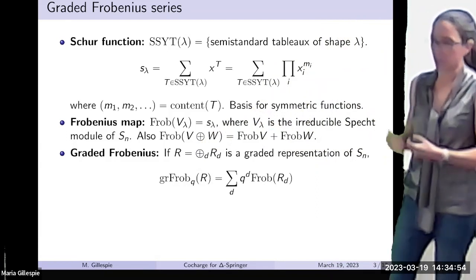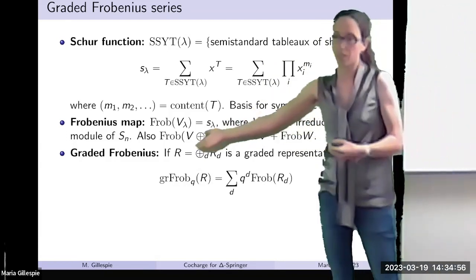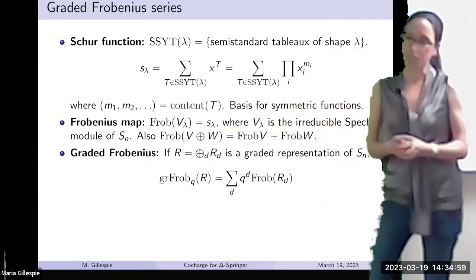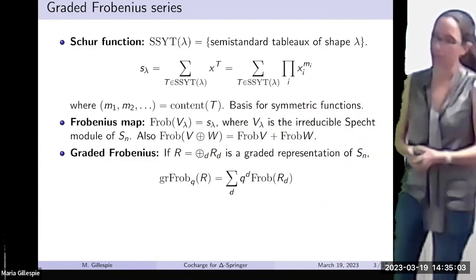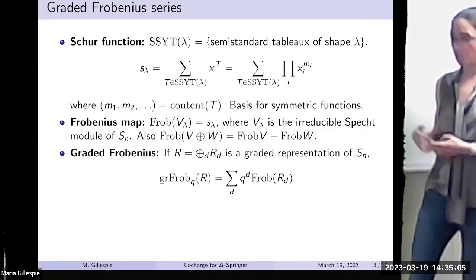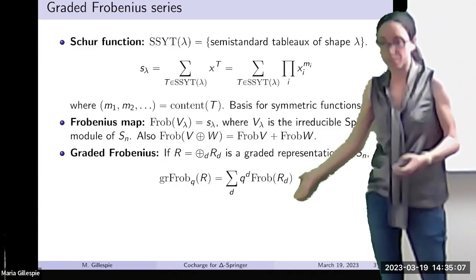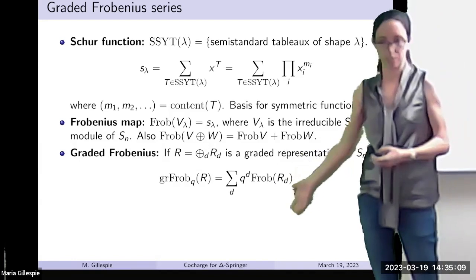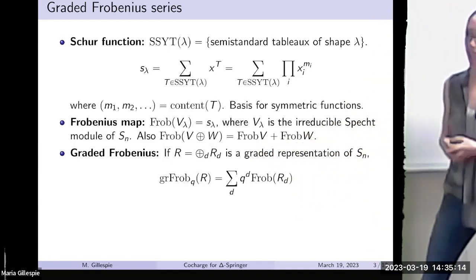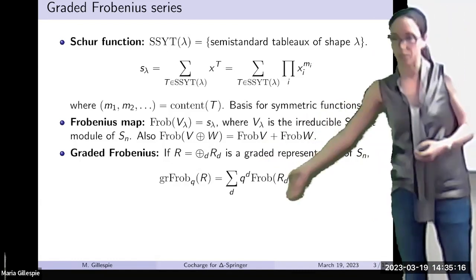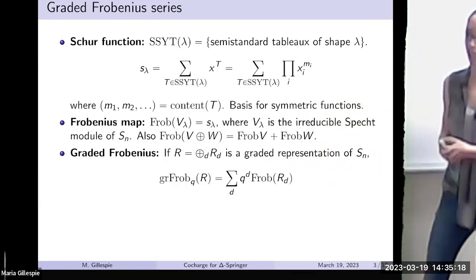And so the Frobenius series, the Frobenius character of any representation of the symmetric group, is a Schur positive symmetric function, a sum of Schur functions. And so what we need in this talk is the graded Frobenius, which is really just the generating function of the Frobenius of each graded piece when you have a graded representation of Sn. If it's graded by degree d, you take q to the d times the Frobenius of Rd.